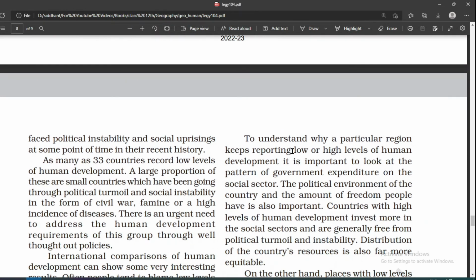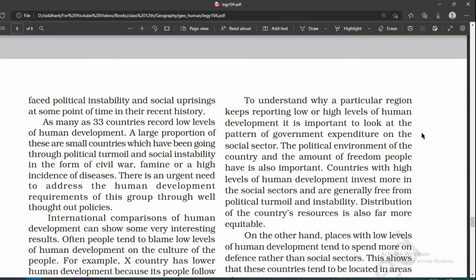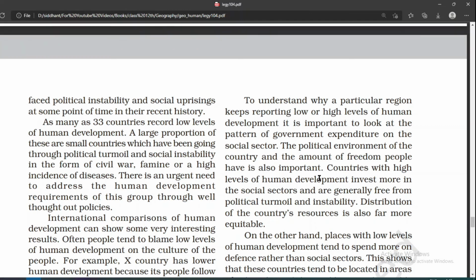To understand why a particular region keeps reporting a low or high level of human development, it is important to look at the pattern of government expenditure on the social sector, the political environment of the country, and the amount of freedom people have. Countries with a high level of human development invest more in the social sector and are generally free from political turmoil and instability.